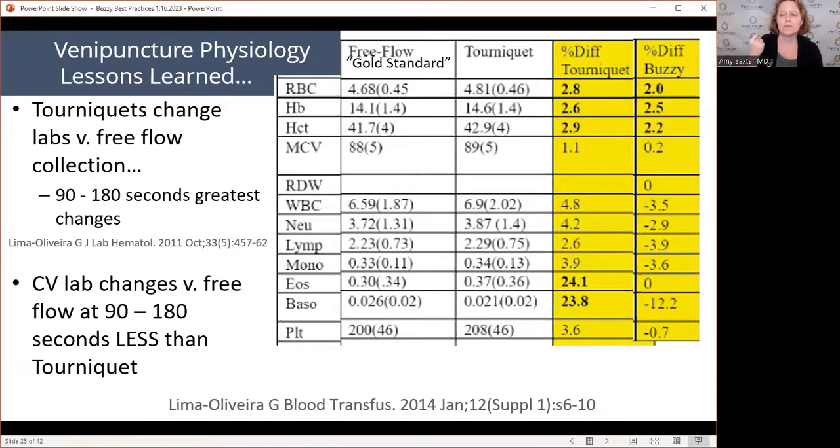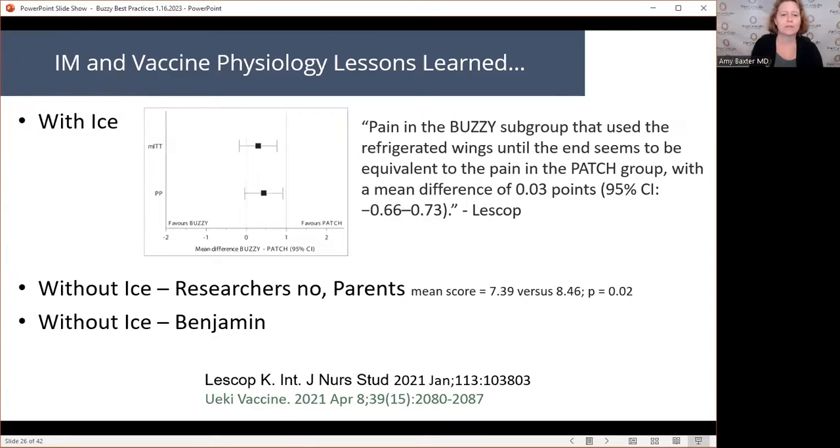And so Buzzy changes lab values less than a tourniquet. You can see here that like hemoglobin, a tourniquet is going to change at 2.6%, Buzzy 2.5. This is just saying tourniquets, if you leave them on too long, are not good, but Buzzy makes it a little better. But does not change lab values.